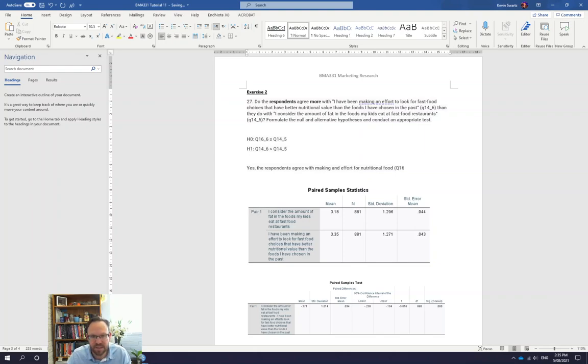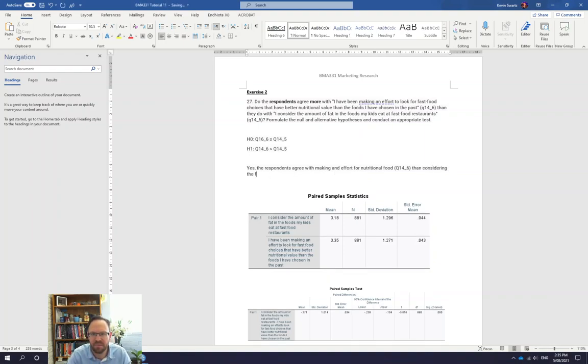Q16, Q14, 6, then what was the other one? Then considering the fat in food. I need the word significant in there. Yes, respondents, I'm not sure how to work that into the sentence now. Significantly agree. That's not very smooth. Significant.